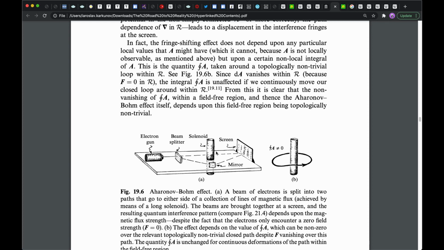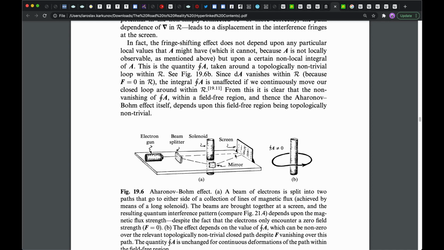But there will be some topological non-triviality in the region of space around the solenoid, and that will imply a change in the interference pattern on the screen here.